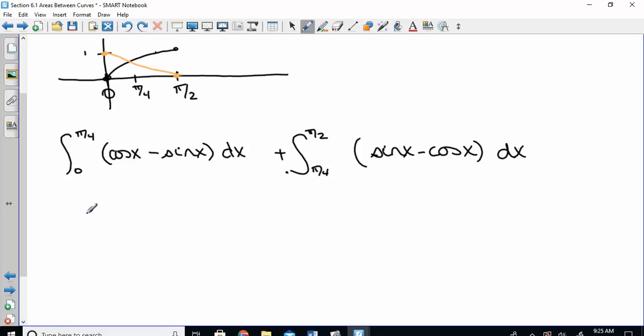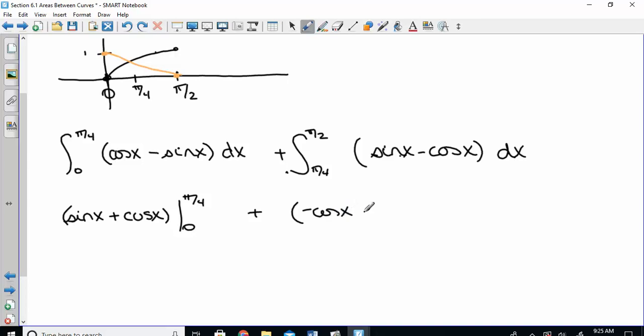Now we integrate. What's the antiderivative of cosine? Sine minus. What's the antiderivative of sine? Negative cosine, so that becomes plus cosine of x.